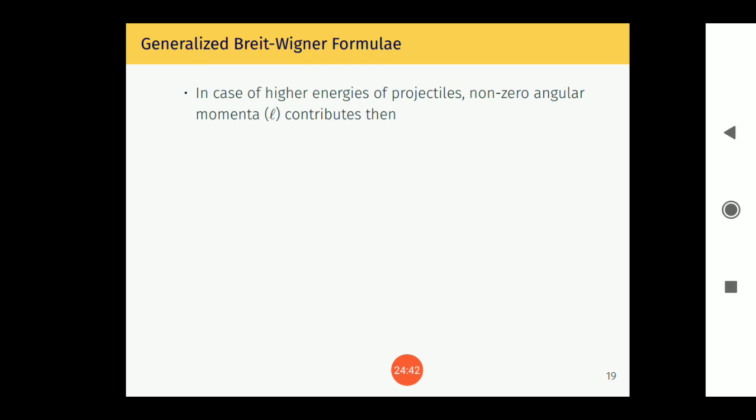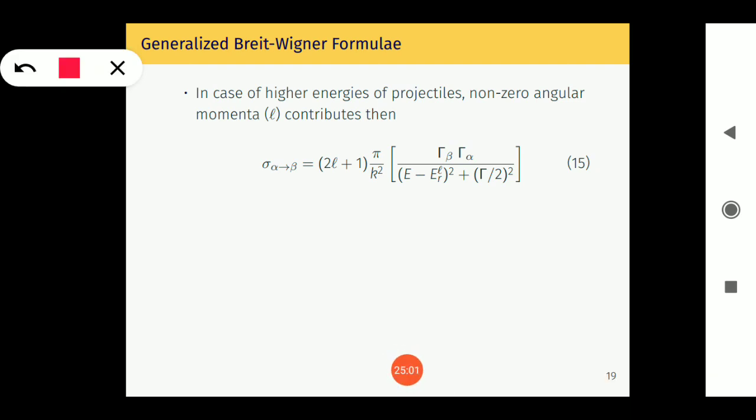If higher energy projectiles are used, then higher angular momentum contributions will also be included in the nuclear reaction. So if that is the case, then the reaction cross-section is modified, containing this angular momentum contribution to the nuclear reaction.